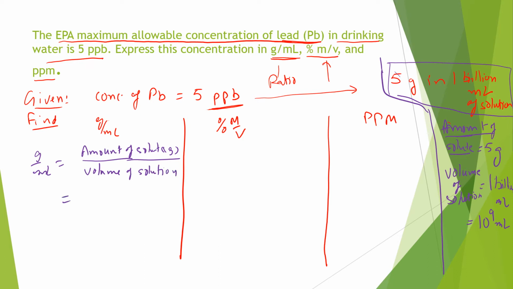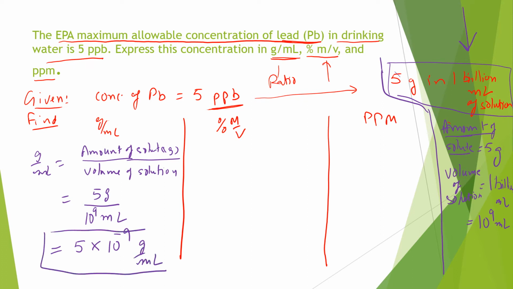And from the information given, the amount of solute is 5 grams and the volume of solution is 10 to the 9 ml. If I solve this, the answer will come out to be 5 times 10 to the negative 9 grams over ml. That is the ratio in grams over milliliter.